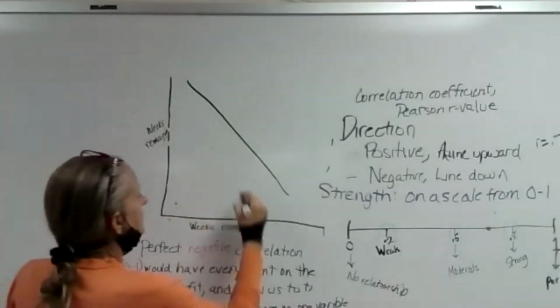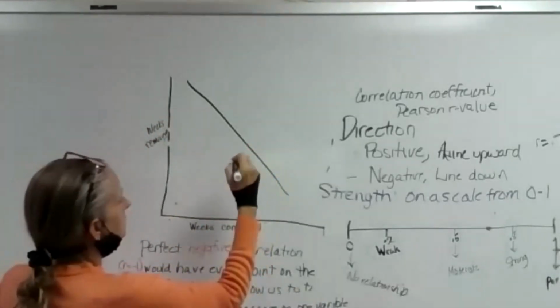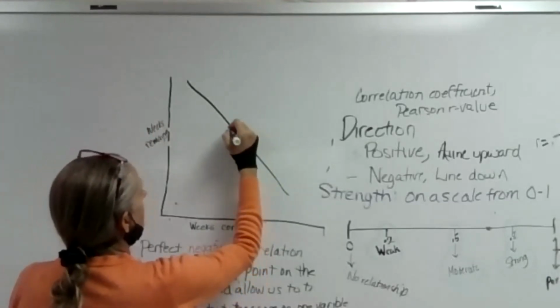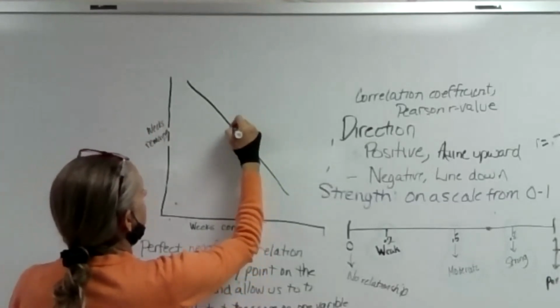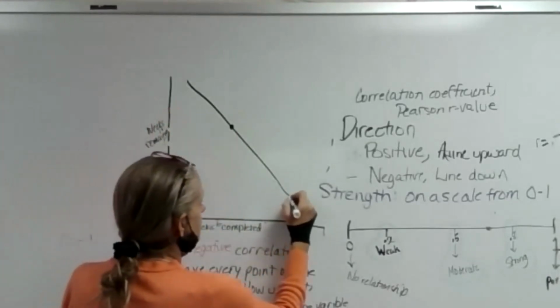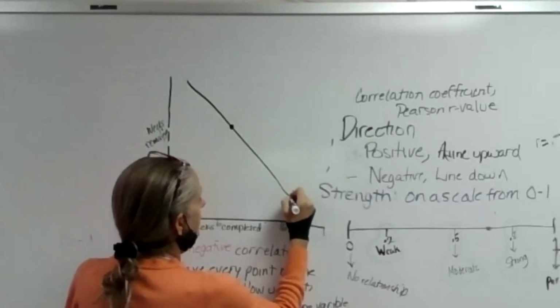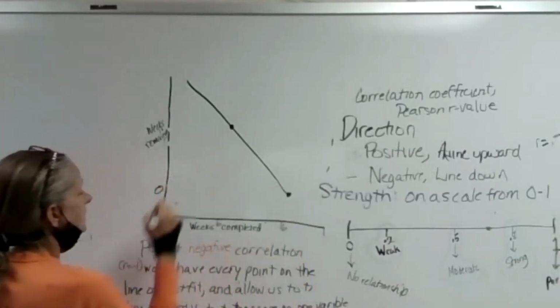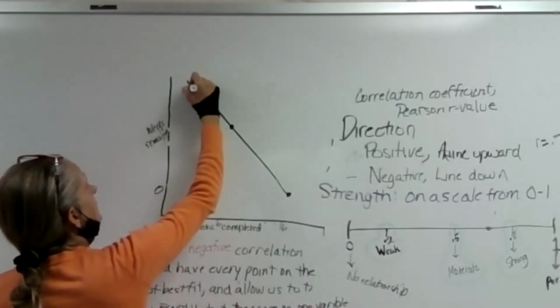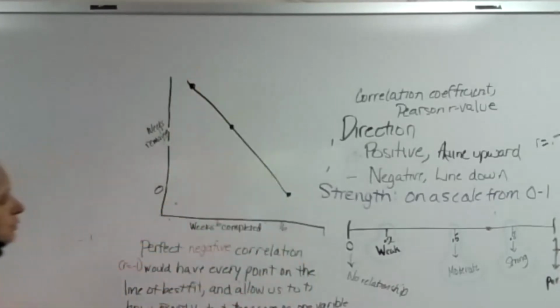If there are 16 weeks in the semester and we've completed 6 of them, then we know that we have 10 left. If we've completed 16 of them, we have 0 left. If we've completed only 1 week, we have 15 weeks left. Every point perfectly on the line.